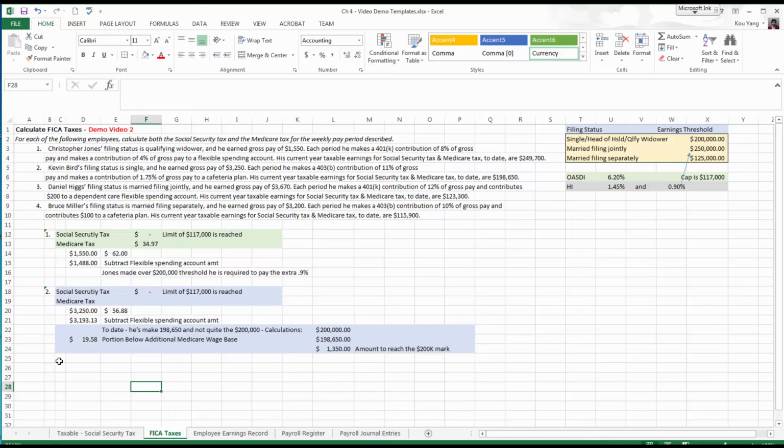Now, the portion that is above, I'm going to go down here and calculate it down here. He made contributions to cafeteria plans as well. Okay, so not cafeteria, but to flexible spending accounts.